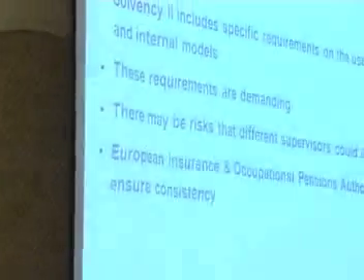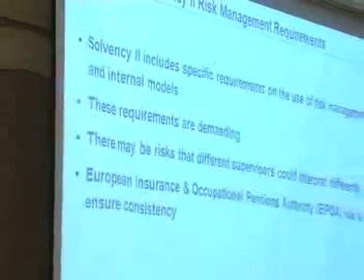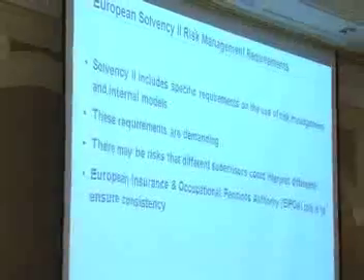So, let's look at risk management from a European perspective. Solvency II is the regulatory framework that is now being slowly introduced across the European insurance market. It requires specifics on the use of risk management and internal models.